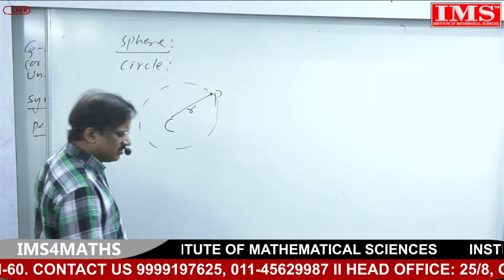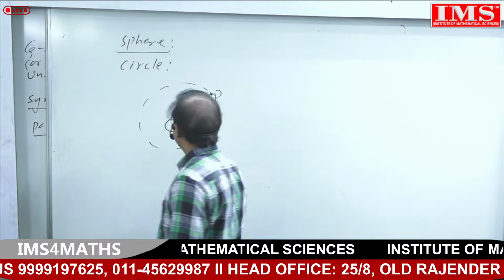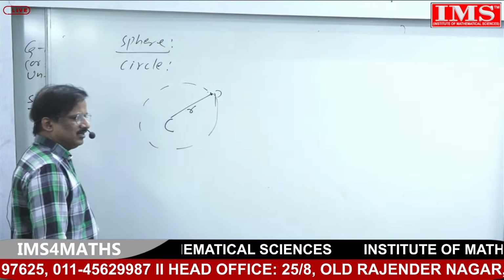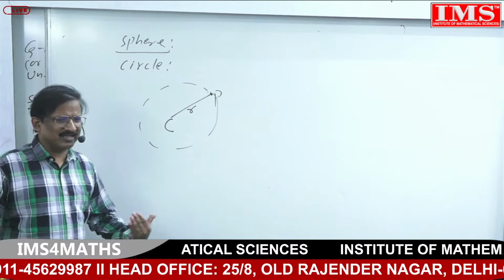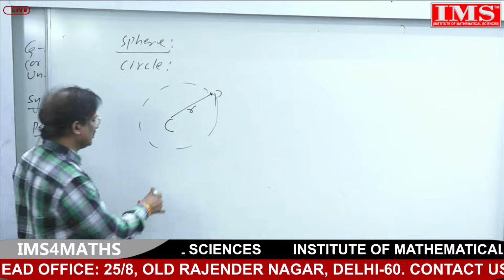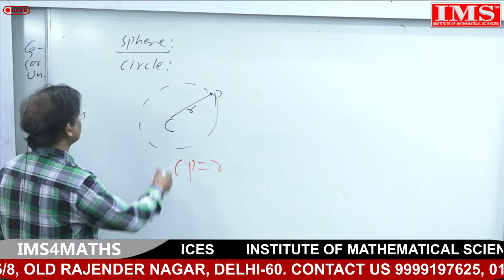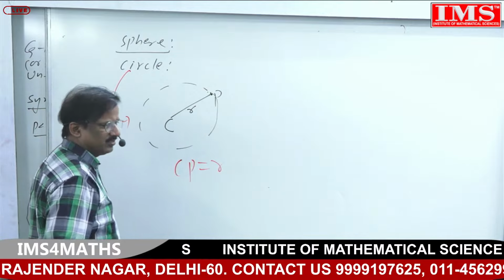See, it's very simple that you understand. Sphere equation, circle equation is known as what? Locus. What is locus? You tell me here. CP is equal to R. But in the case of the circle, what kind of properties you see?